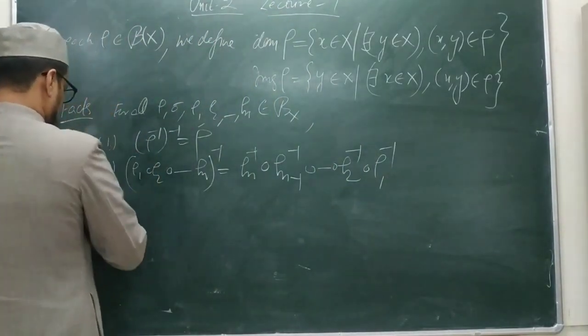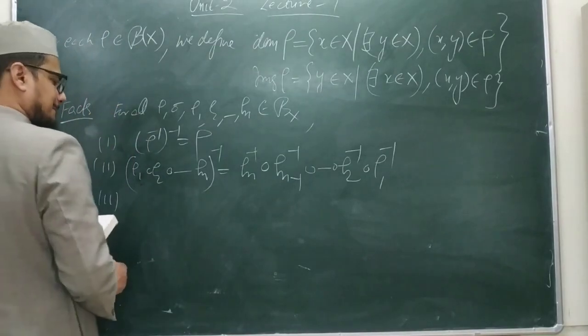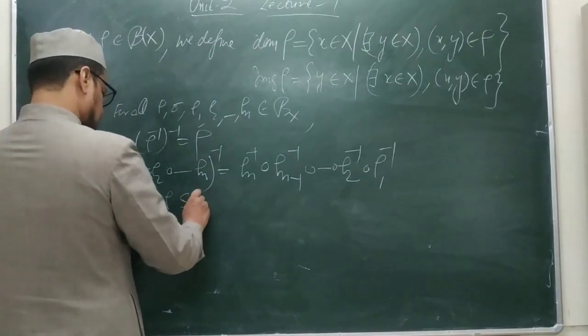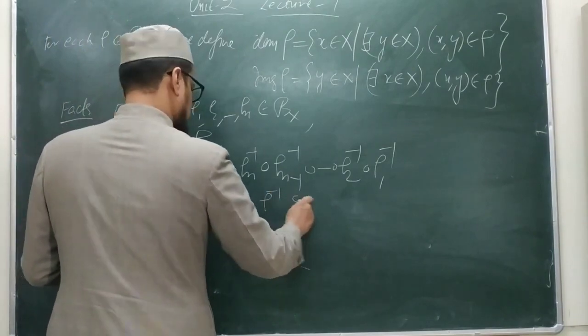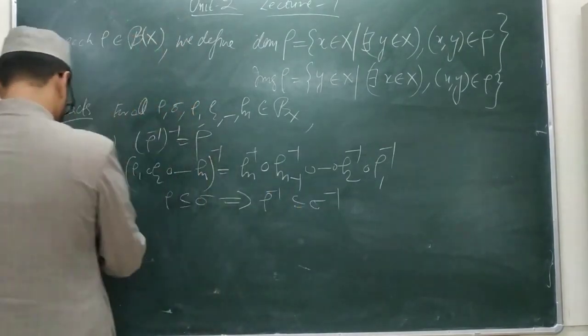And third, rho subset of sigma implies rho converse subset of sigma converse.